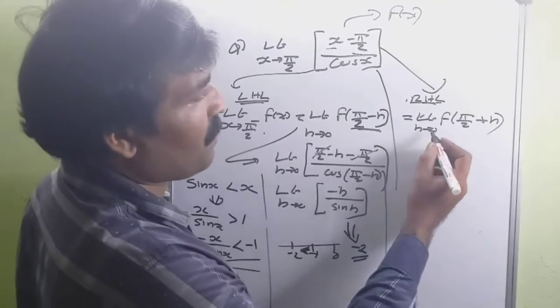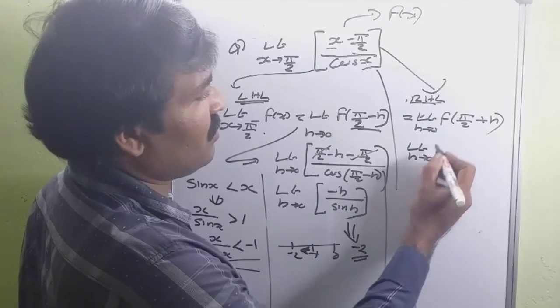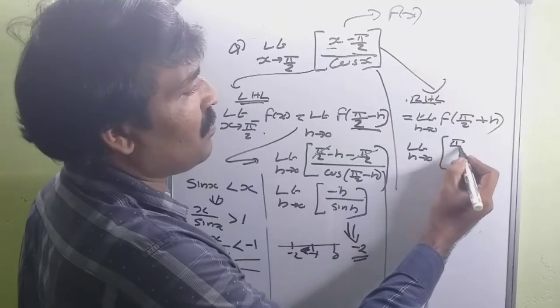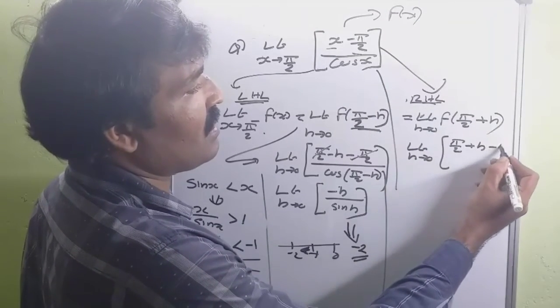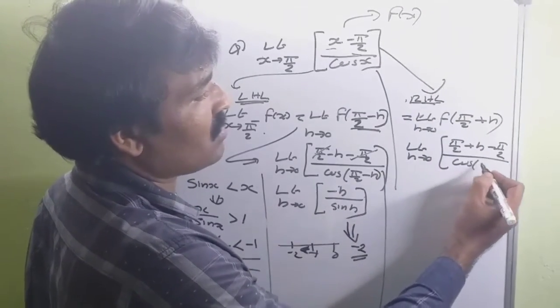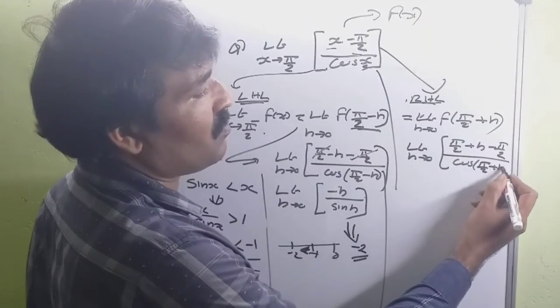Now this becomes limit h tends to 0, greatest integer of x is replaced by pi by 2 plus h: pi by 2 plus h minus pi by 2 divided by cos of pi by 2 plus h.